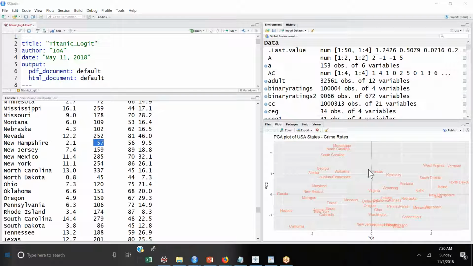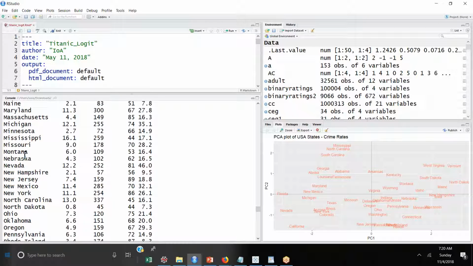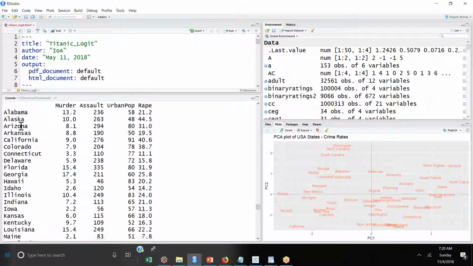Now let's consider this axis. Arkansas is the extreme case on the line, dead on the line, right? As well as New Jersey. Let's go to Arkansas. What is happening here? Can somebody note this down? 8.8, 190, 50 and 19.5.